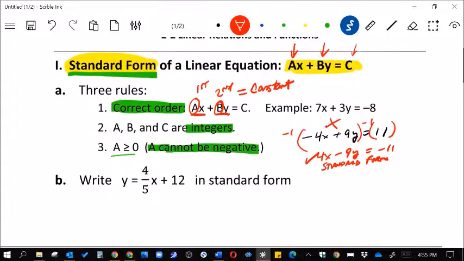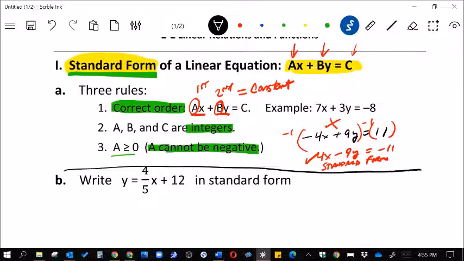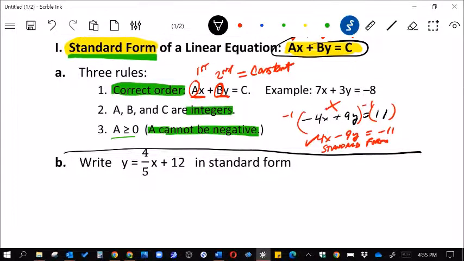Well, let's take this one here and write it in standard form. What we want to do is get it into Ax plus By equals C. We have two ways we can do it. We need to move this x term to the other side, but this has a fraction in it.